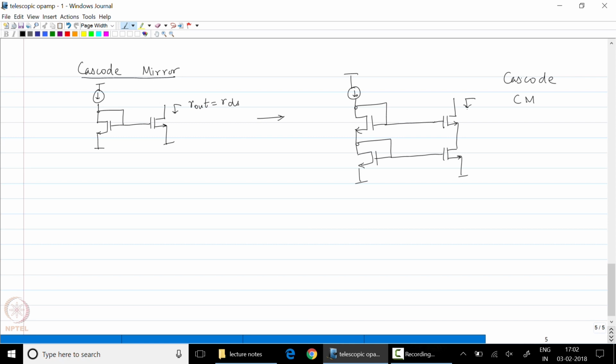This has a very large output resistance of approximately GM RD squared, if I assume all of them are identical. And finally, from the cascode current mirror, I move to the high swing cascode circuit.